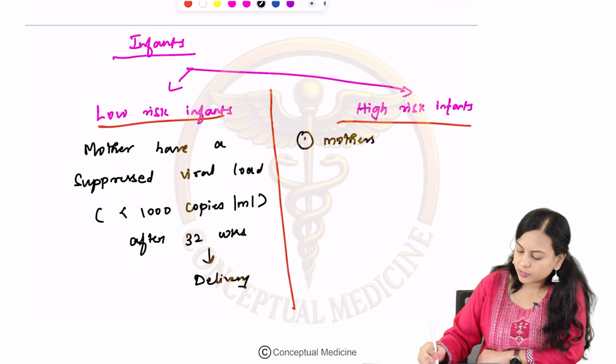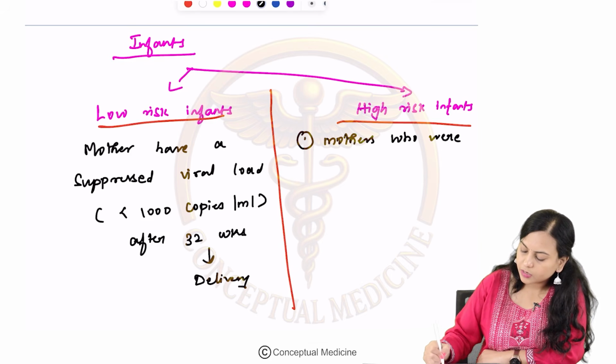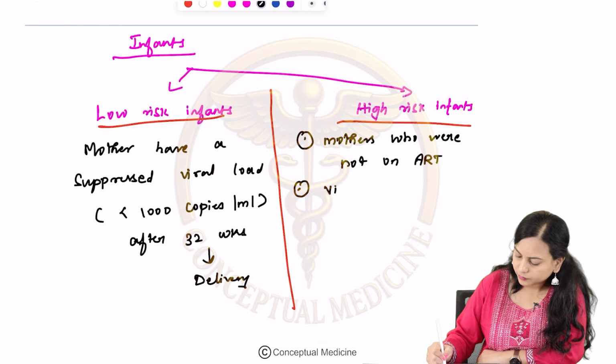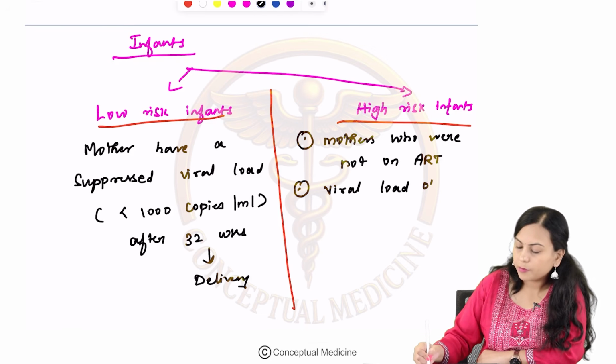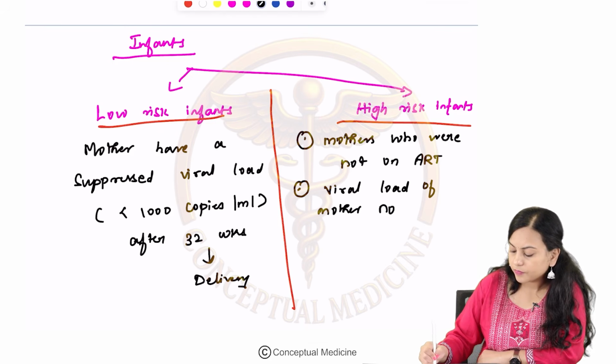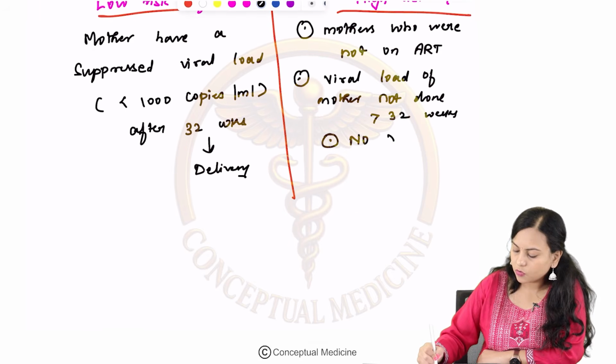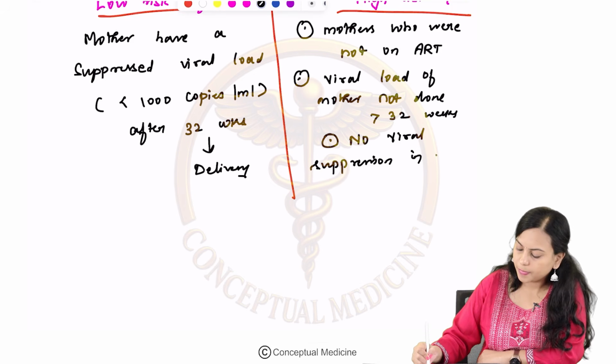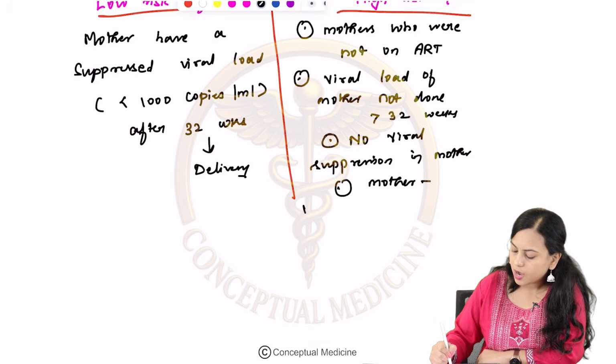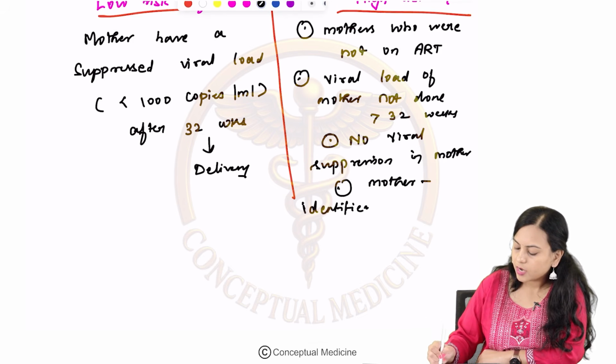High risk infants means those infants who are born to mothers who were not on ART, then viral load of mother not done after 32 weeks, or even after taking ART there is no viral suppression in the mother, then mother who is identified as a new case of HIV.